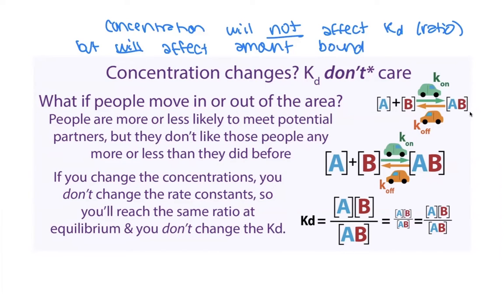So the amount that's bound is going to depend on the concentration, but not the actual KD, not that intrinsic ratio that they'll reach once they reach equilibrium. And so this useful relationship is going to allow us to calculate KD by measuring binding, measuring proportions bound at different concentrations.